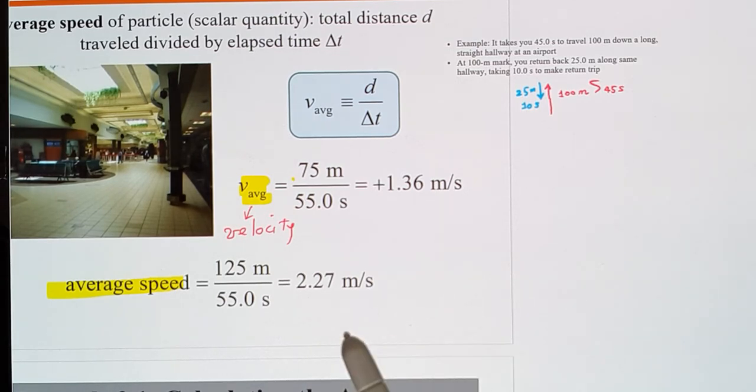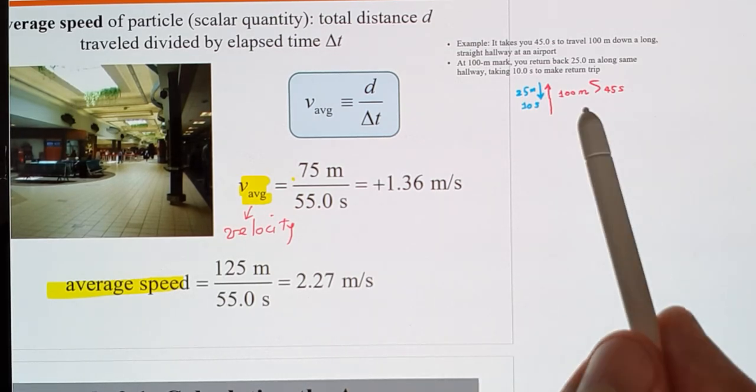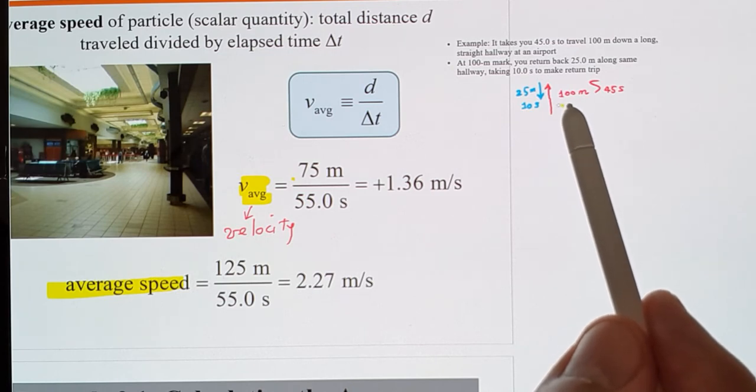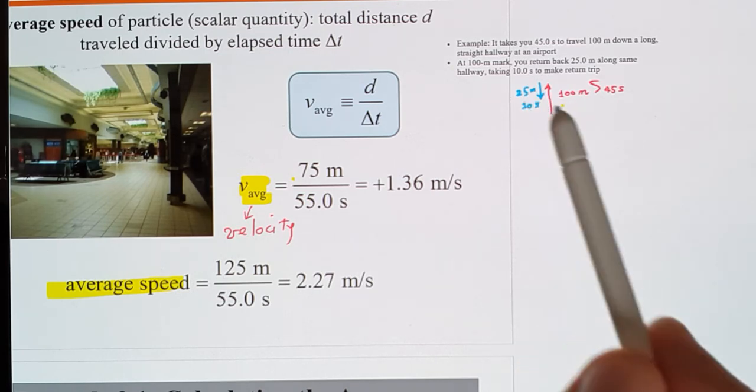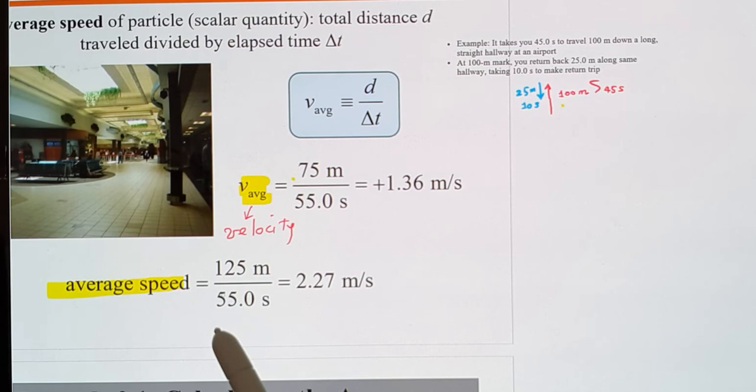For average speed, the total distance is 100 plus 25, that's 125, divided by 55. So average velocity is 1.36 in the positive direction. Average speed is 2.27 meters per second. Clear?